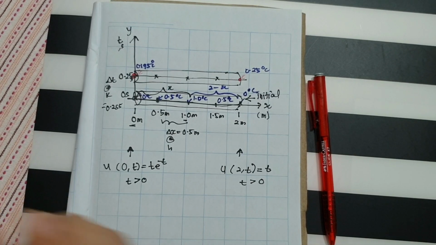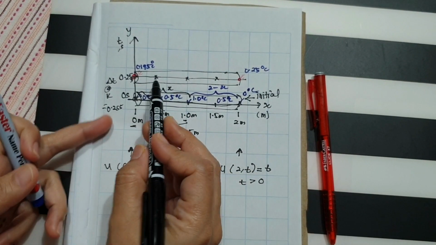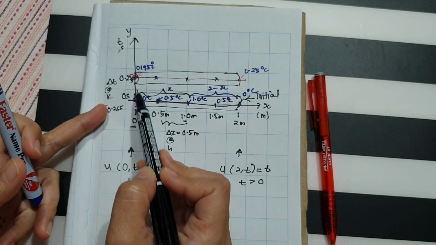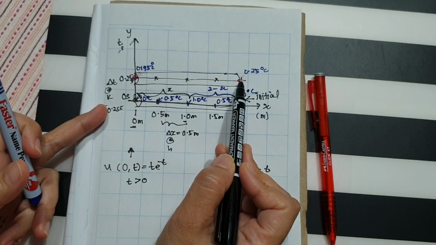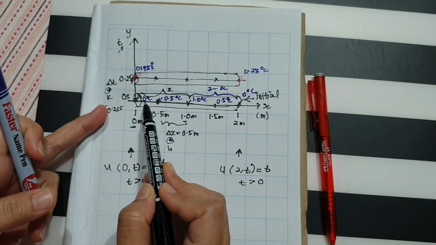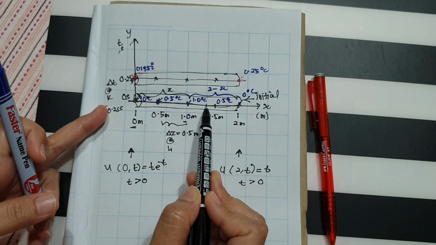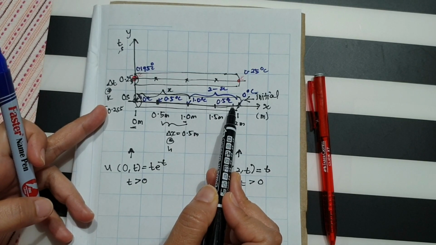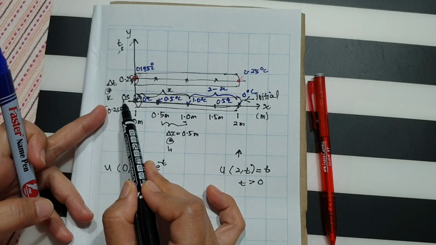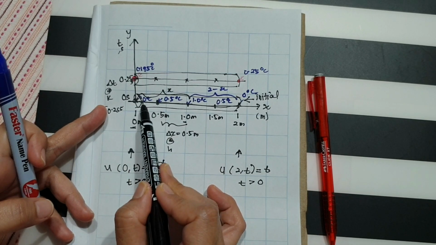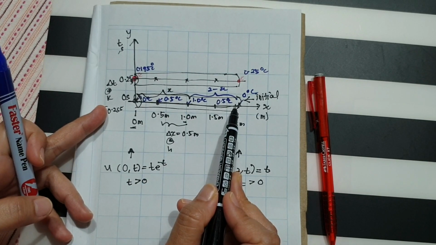You already have the value of heat for the boundary condition for t more than 0, and also the value for the initial condition, or the temperature on the rod at the initial time, which is when t equal to 0, as what you have calculated.